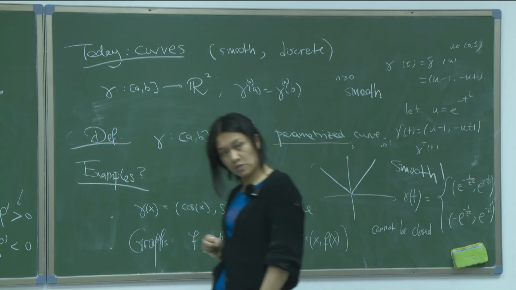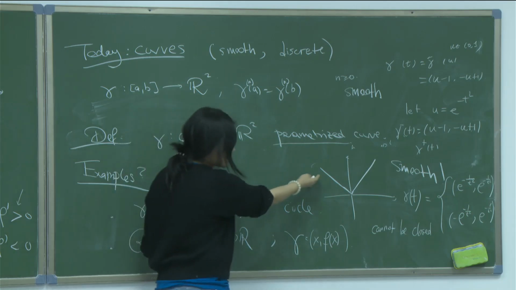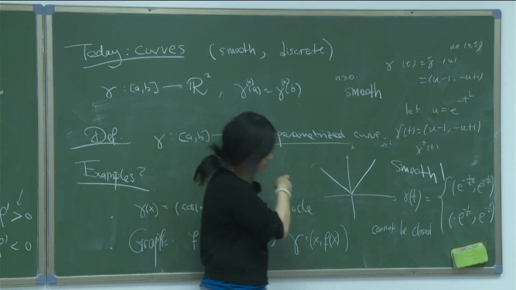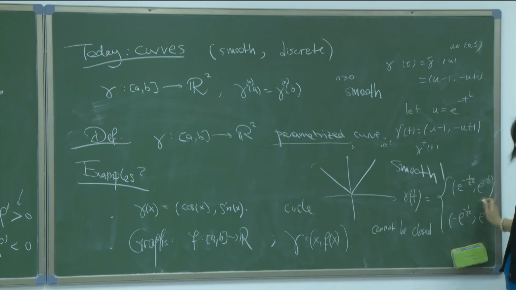So what you observe is the following: I have a map that maps onto this image smoothly. At every point it's smooth, even at t equals 0, because the derivative is just 0, 0, to any order.